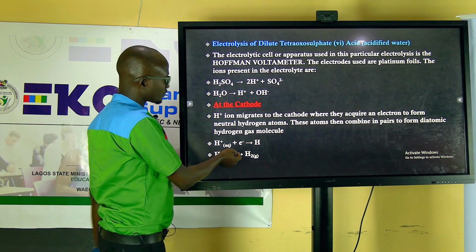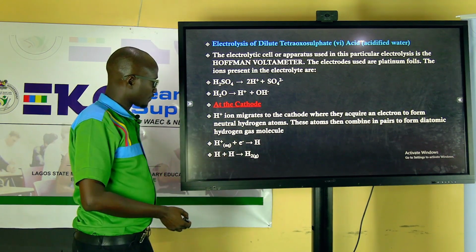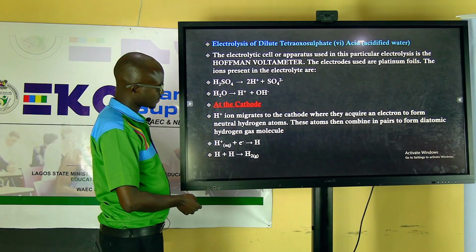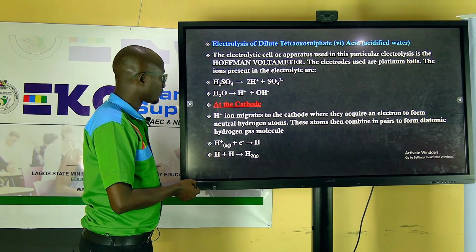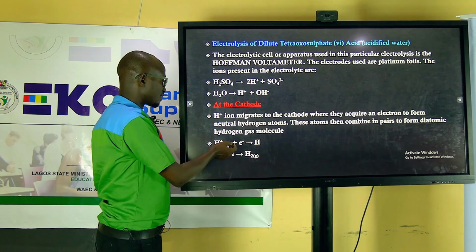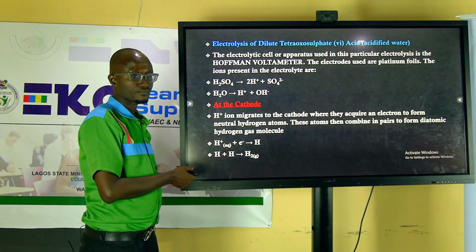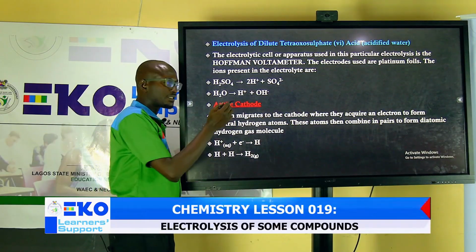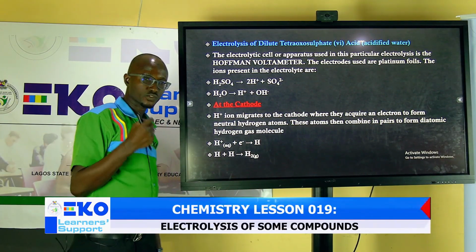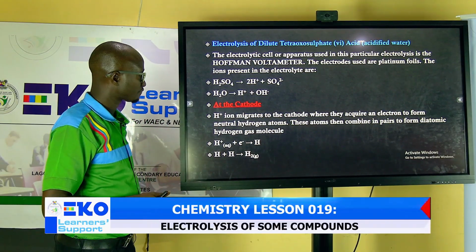So this is the equation of the reaction. If you remember from our previous classes, this is a reduction reaction because there is gain of electron. So that means reduction occurs at the cathode. Please take note of these little bits of points I'm giving to you.